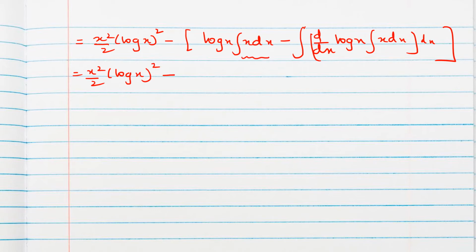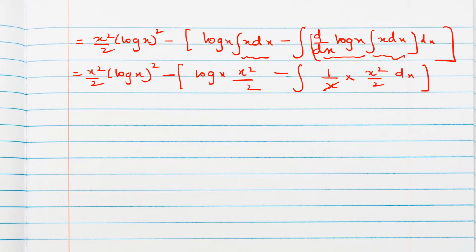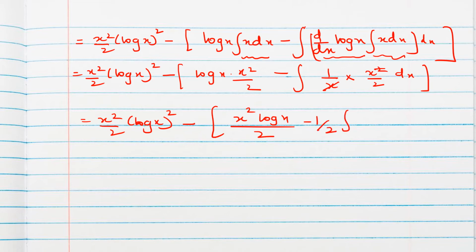For this integral we can apply the power rule, so x²/2 will come. For this derivative, directly 1/x will come. For this integral x²/2 will come. So here x and 1/x we can cancel. This gives x² log x by 2. Here minus 1/2 we can take outside, so only x will remain inside.